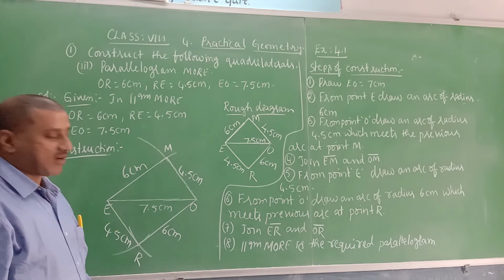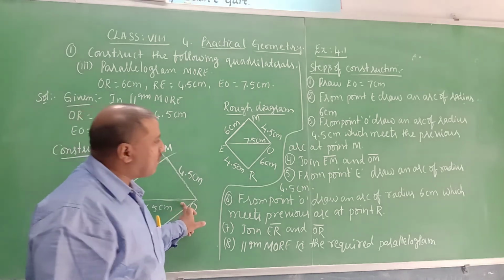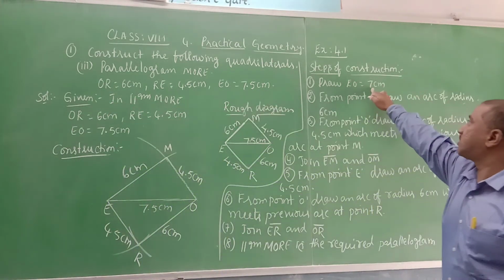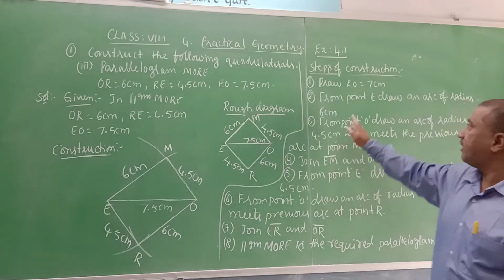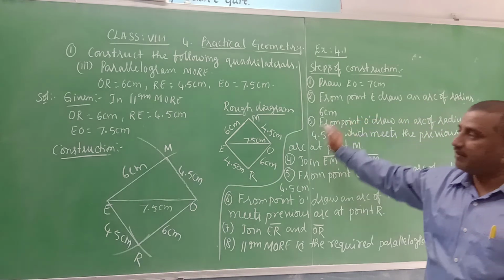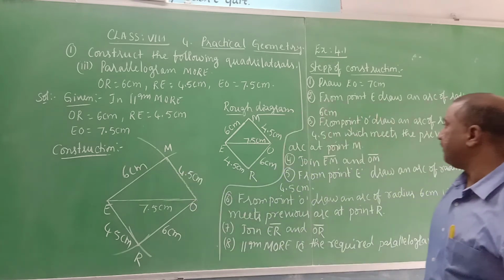Now the steps of construction. First step: draw a line segment EO equal to 7.5 centimeters. Then from point E, draw an arc of radius 6 centimeters.